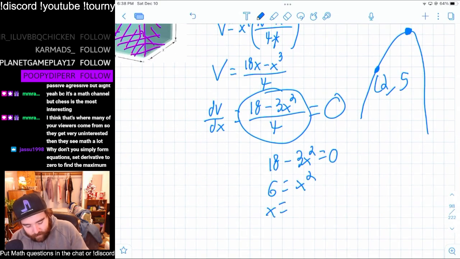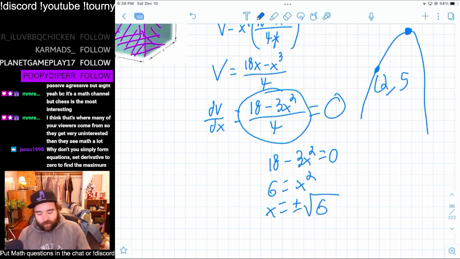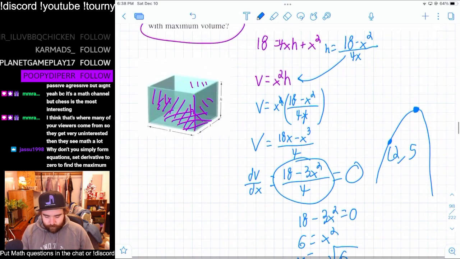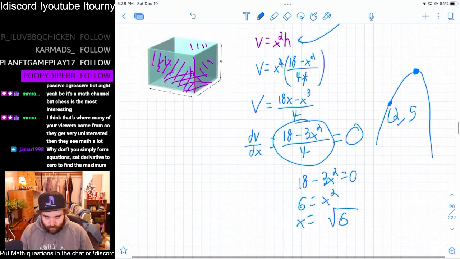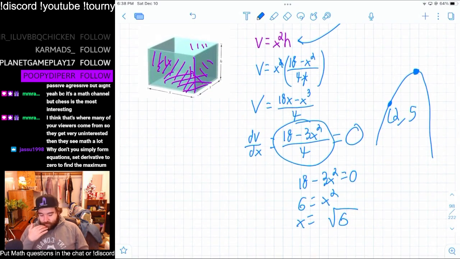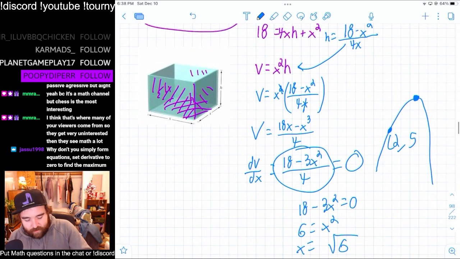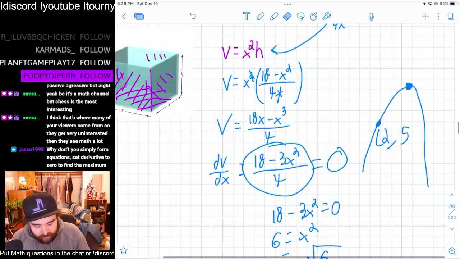So x is, of course, plus or minus the square root of 6. But we're talking about side lengths, so we don't actually want the minus, just the positive square root of 6. And there we go. That's pretty much what we want, right? I was a little wrong saying that earlier, because we're not looking at this parabola type of thing.